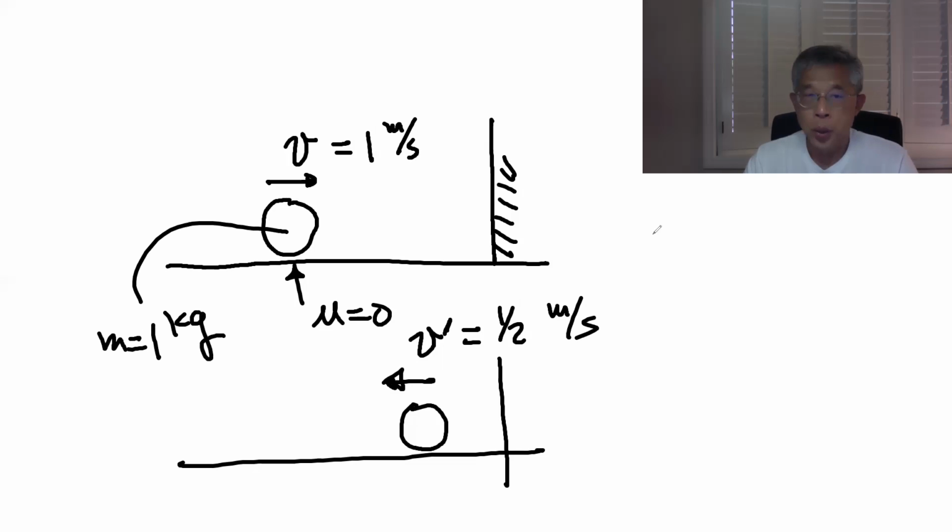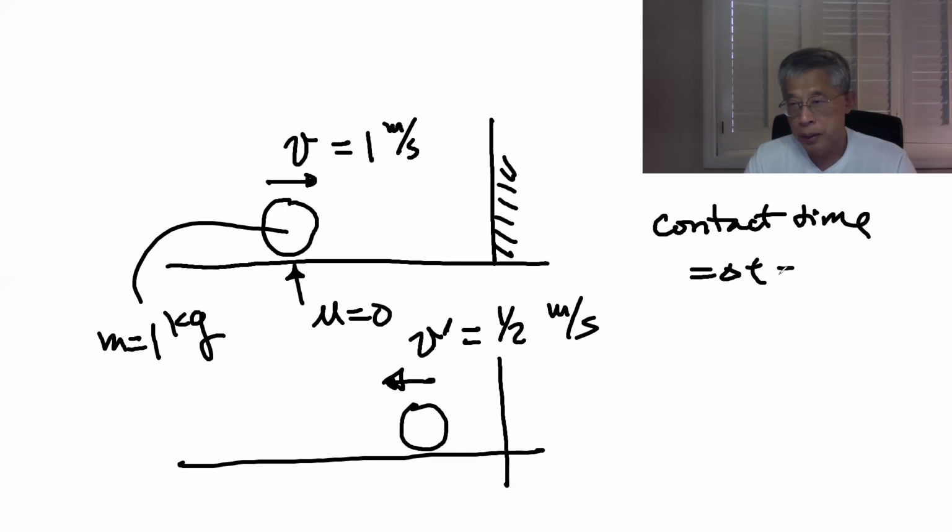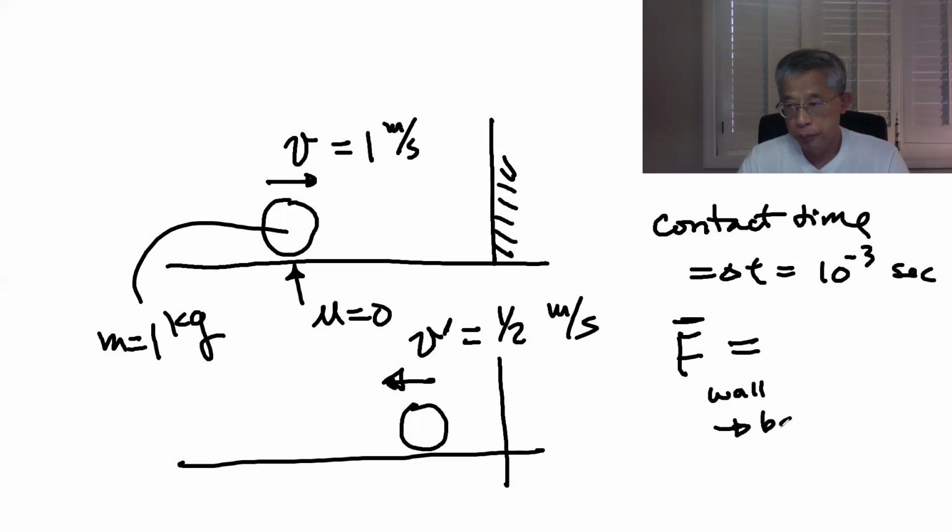So according to impulse, let's say the contact time between the ball and the wall, which is your delta t, is equal to 10 to the negative 3 seconds. Based on this, the question is asking what is the average force that the wall gives to the ball during the contact?